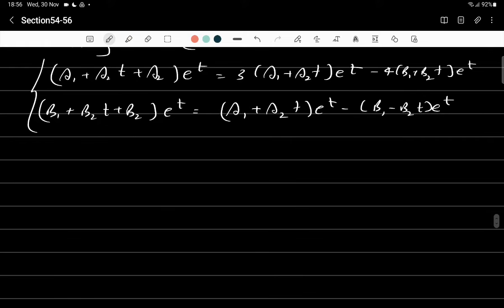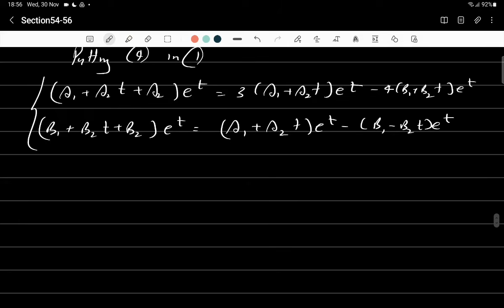Yes, so if you solve any one of them, for example, if you solve the first one, then you have 3a1 minus a1, e raised to the power t would cancel out, so you will get 2a1. Then minus 4b1, and from this side you will get a2.